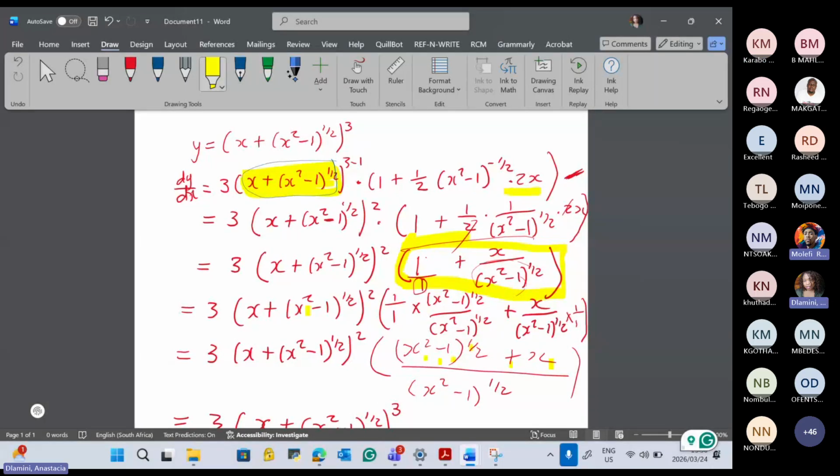Do you see that? Which is the same as x plus x squared minus 1 to the power of half, squared. So this and this are the same. If bases are the same, what do I do? I add the exponents. So that's why I'm getting to the power of 3.